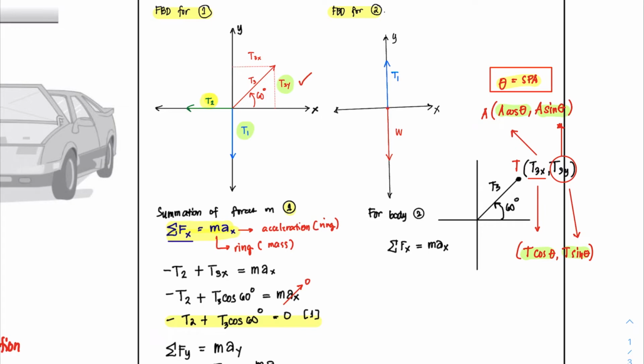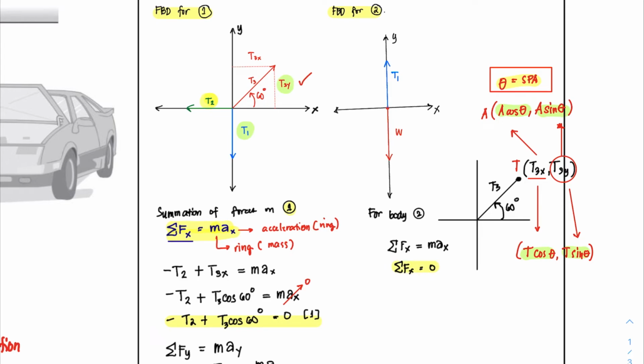Now, again, the key for taking the summation of the forces is the free body diagram. If you look at the free body diagram, you are seeing no force along the x, right? In this direction, there are no forces existing over there. It means to say that you have to write that the sum of the forces along x is equal to 0.